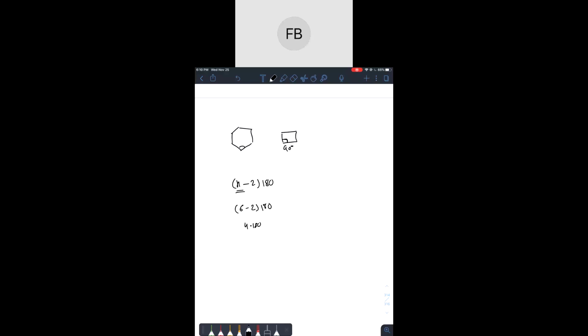But that's all of them added together, right? Yeah, and then you divide it by n, which is the number of sides. So basically, you get 4 times 180 over 4, which is basically 180, because those two 4s cancel out.